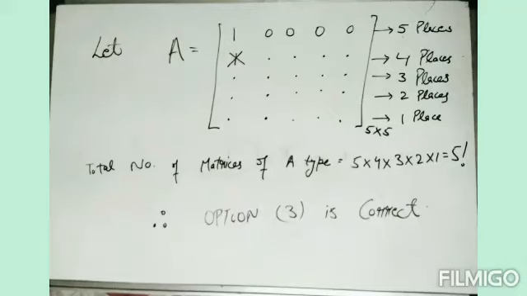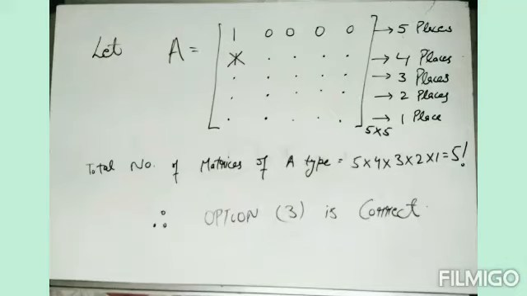Now we want to find the number of elements in the set S. The set S contains 5 cross 5 matrices. So now let us assume a 5 cross 5 matrix. Let A be a 5 cross 5 matrix. Now we will talk about the entries of the matrix A.